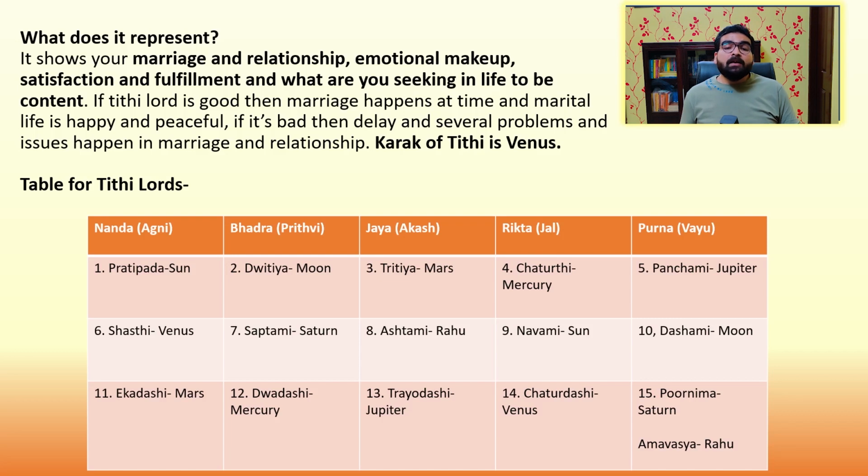It means these Tithis will have their own elemental nature also. How they are judged, and how you can see the marriage and the relationship of the person through the Tithi, I will show you with examples later on in videos.